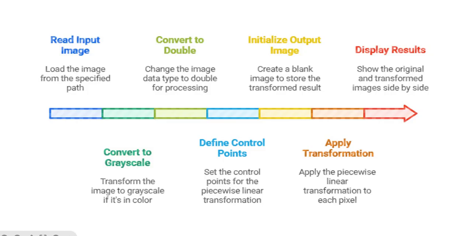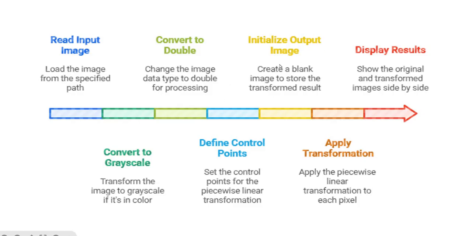This is the flow of the program where we'll read an input image, we'll convert it to grayscale if it is a color image, then we'll convert to double, that is we'll change the image data type to double for processing. After that, we'll define the control points. Once the control points are defined, these will adjust the contrast dynamically across the intensity ranges.